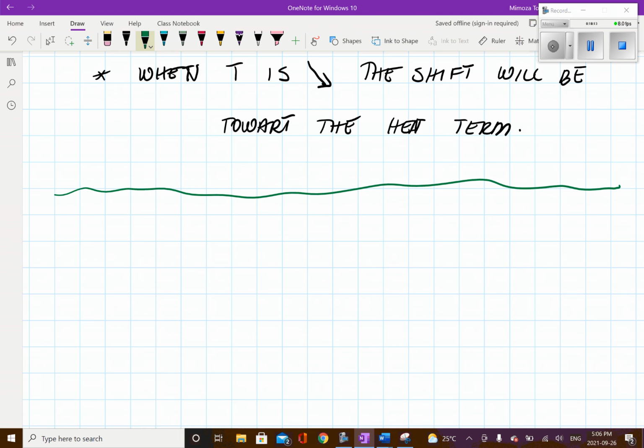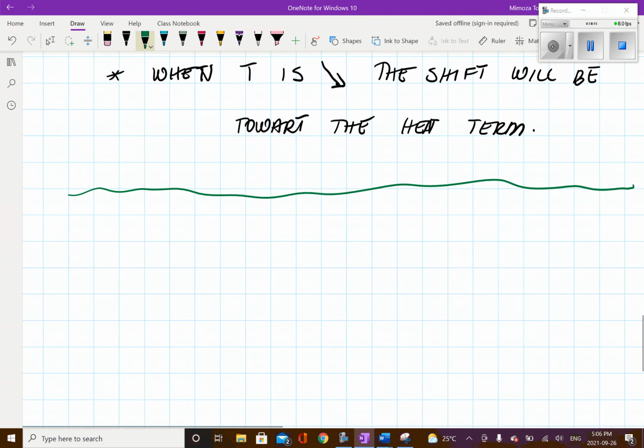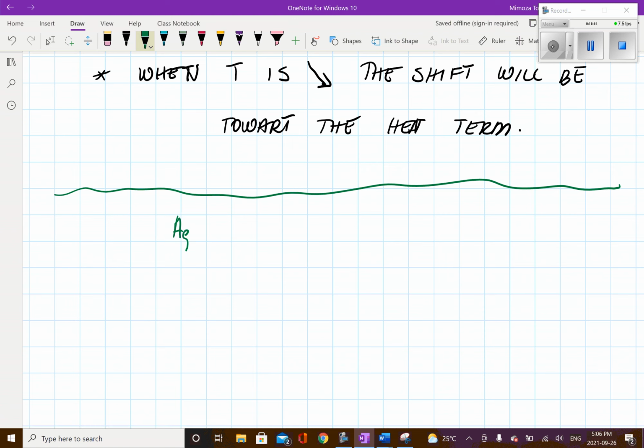Let's suppose that we have A in gas plus B in gas plus 32.5 kilojoules will give us C in gas and D in gas.